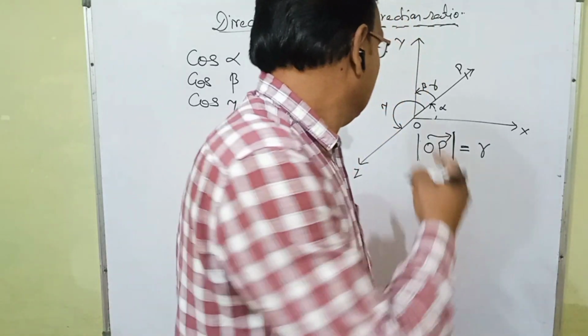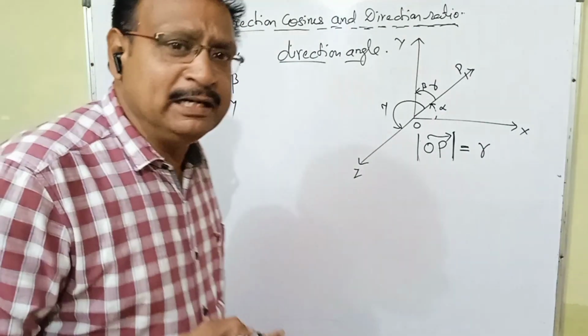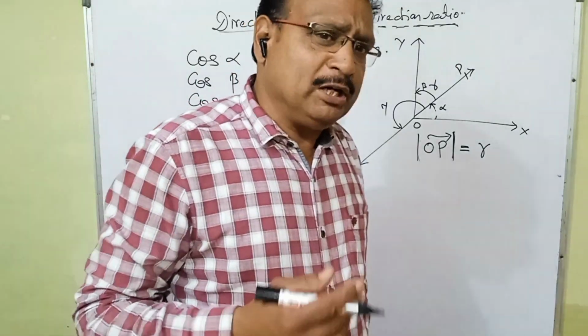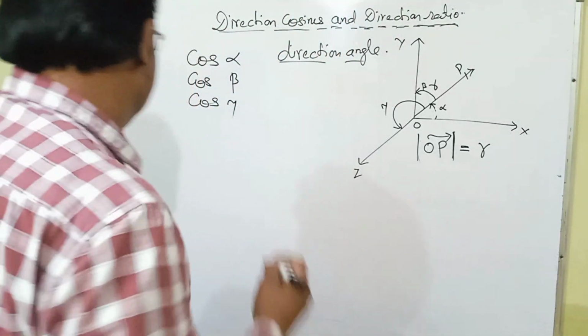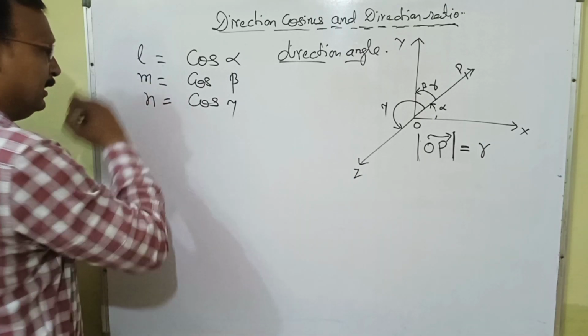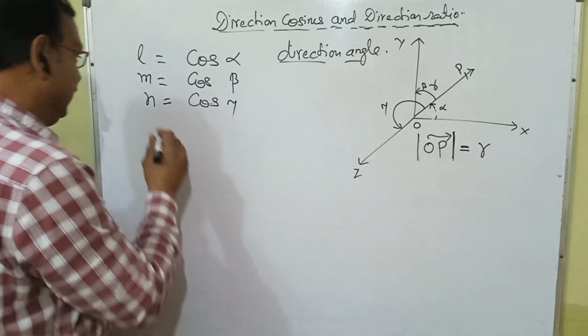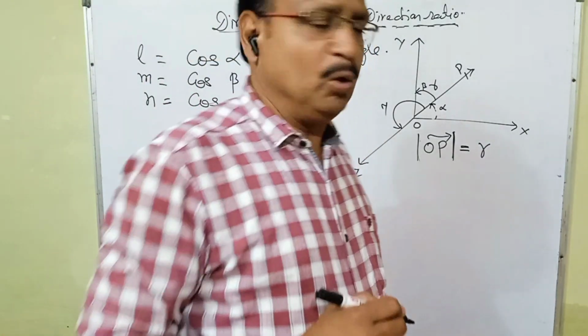Usually we use the notation L, M, and N for these direction cosines. So L, M, and N are the direction cosines of vector OP.